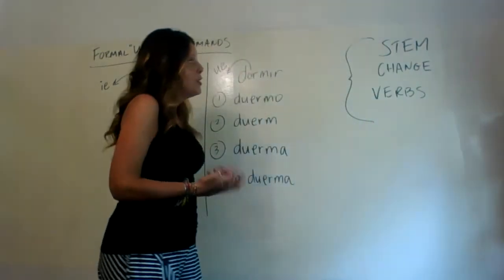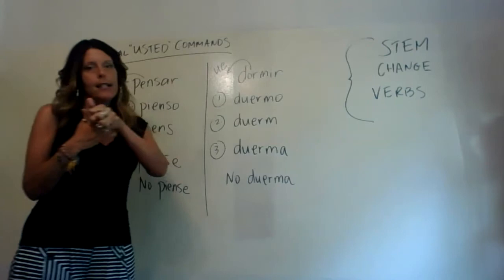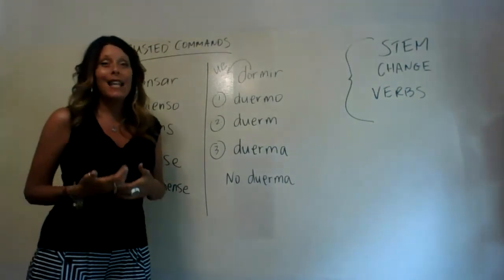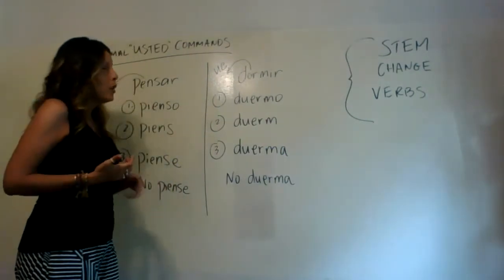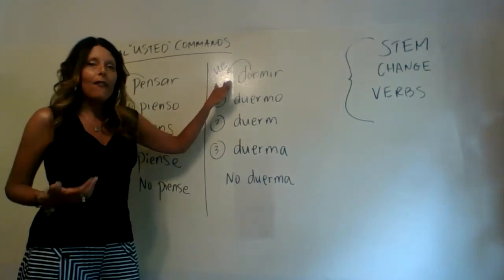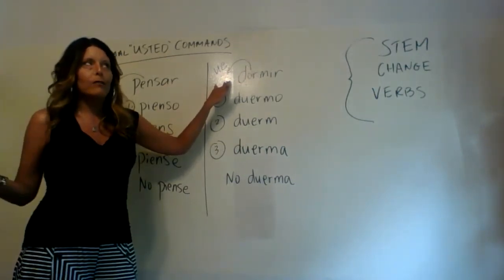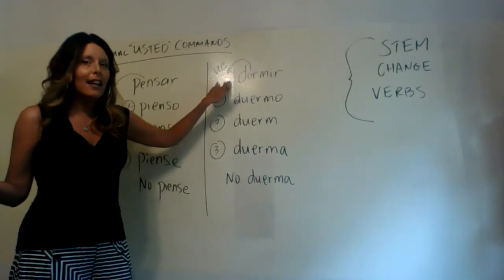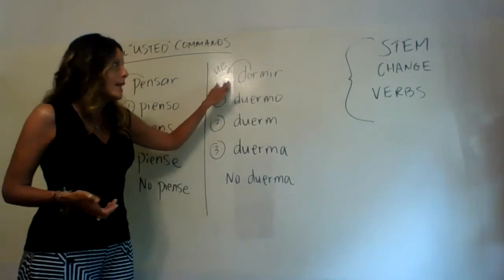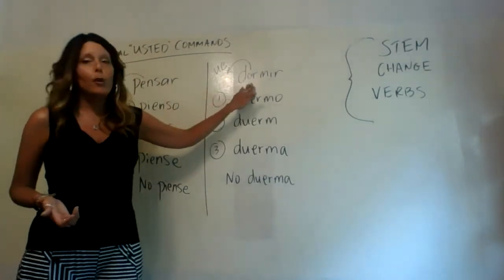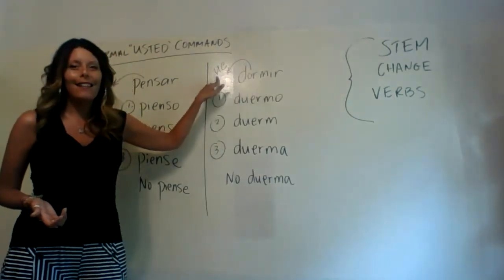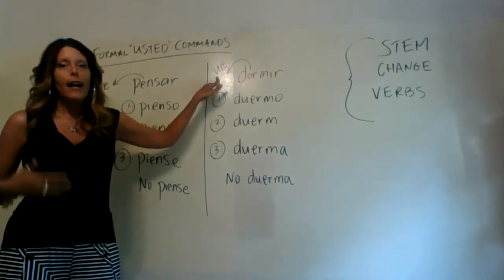So then we go to another kind of formal usted command that happens to be a stem change verb, and we look at the verb dormir. The verb dormir means to sleep. If I wanted to look at somebody and, for whatever reason, politely and respectfully say to them, sleep or don't sleep, giving them a command, I use the verb dormir, which happens to be an O to UE stem change verb. How would you know that?